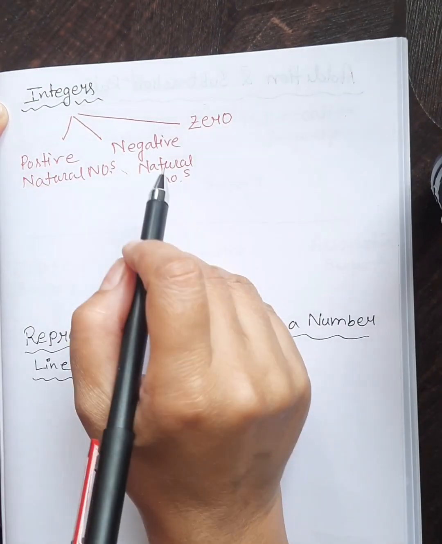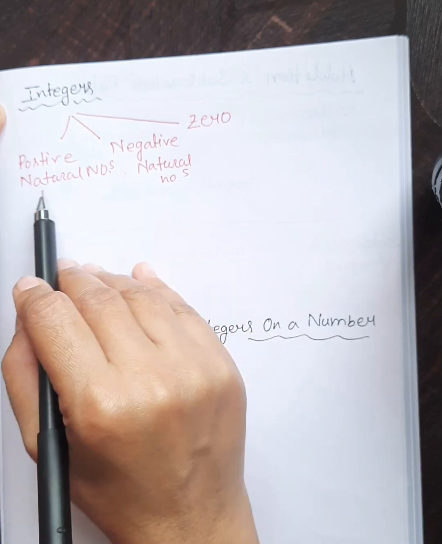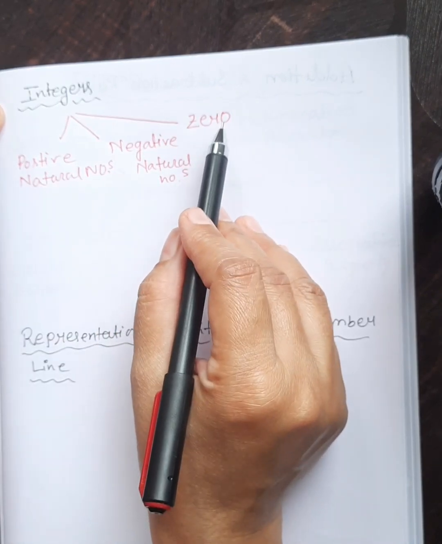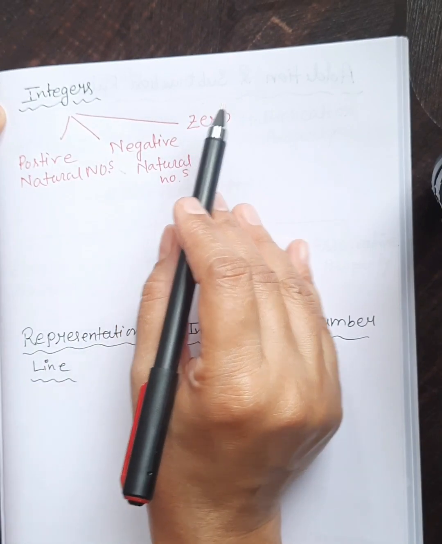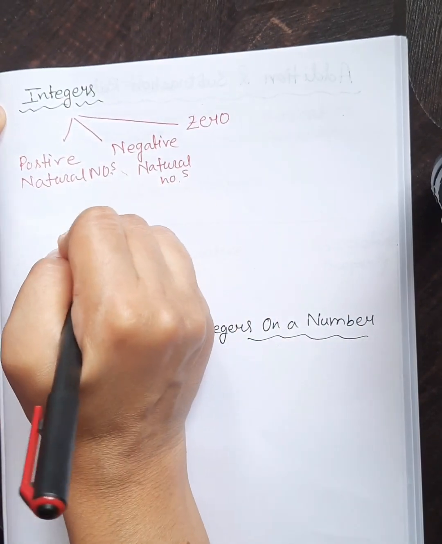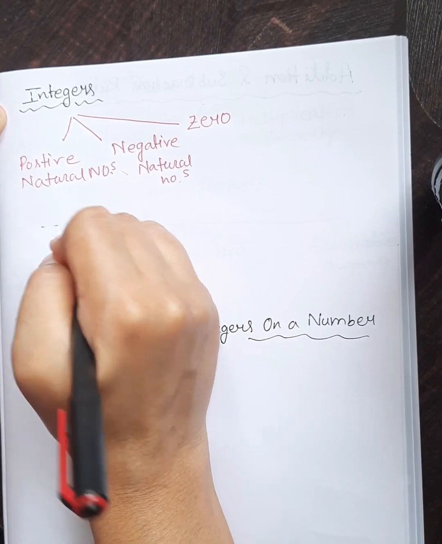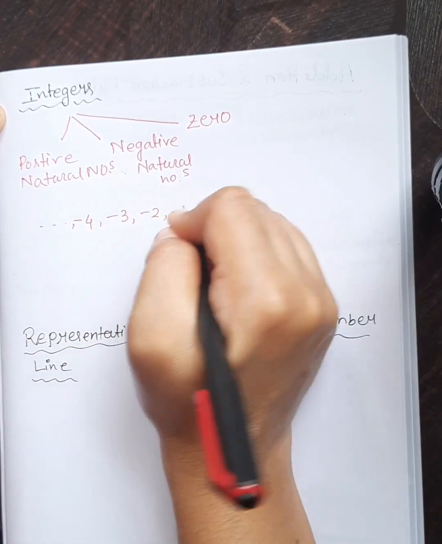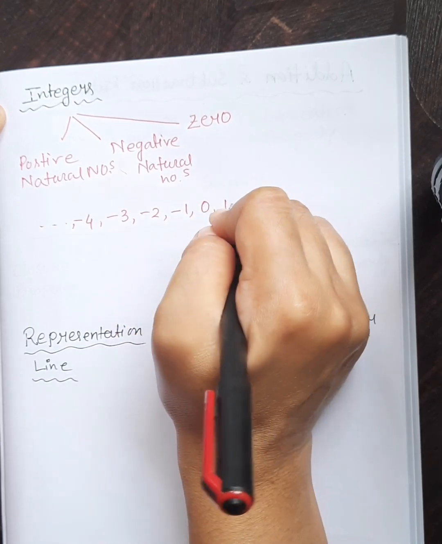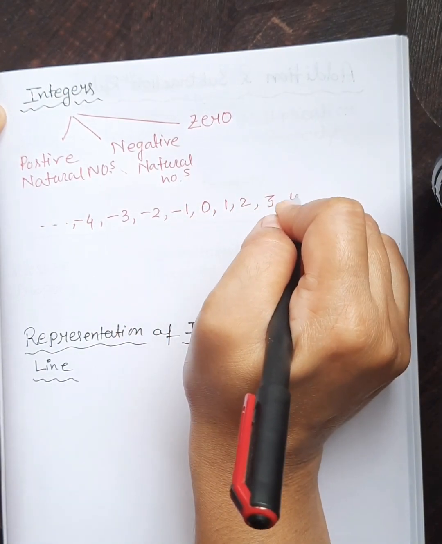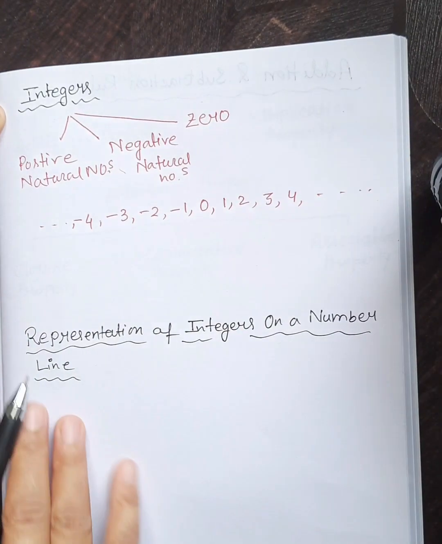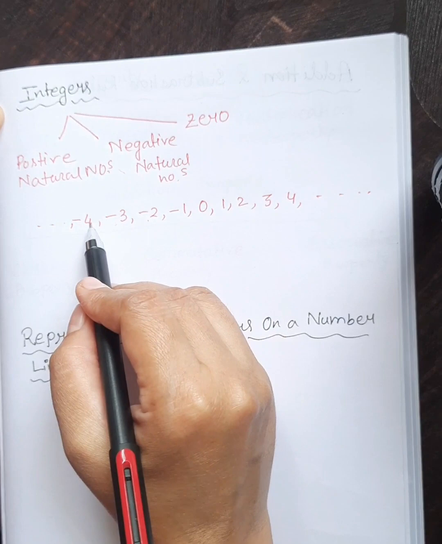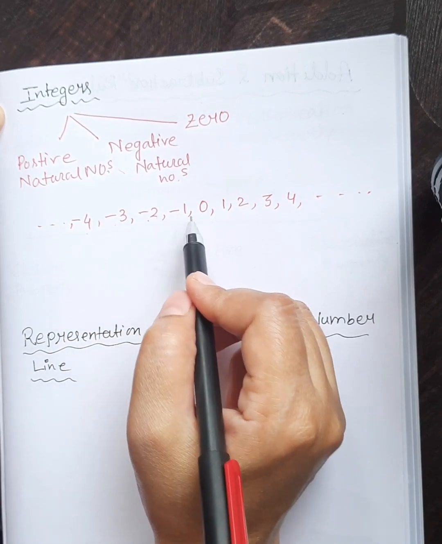So the collection of positive natural numbers, negative natural numbers and 0 is called integers. So, -4, -3, -2, -1, 0, 1, 2, 3, 4 and so on. This is the collection of integers.